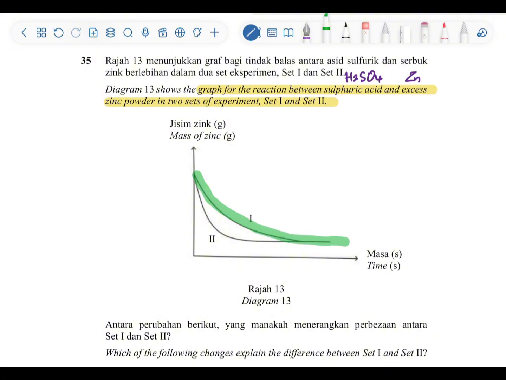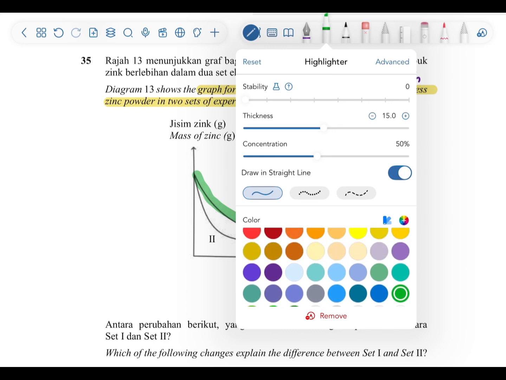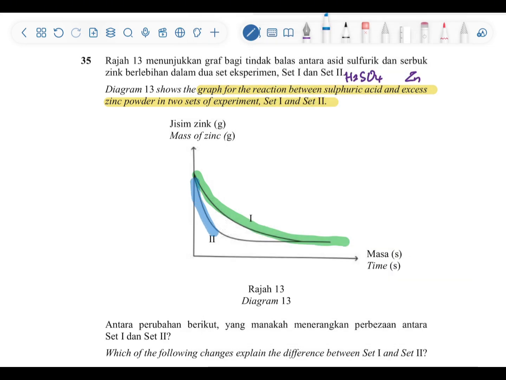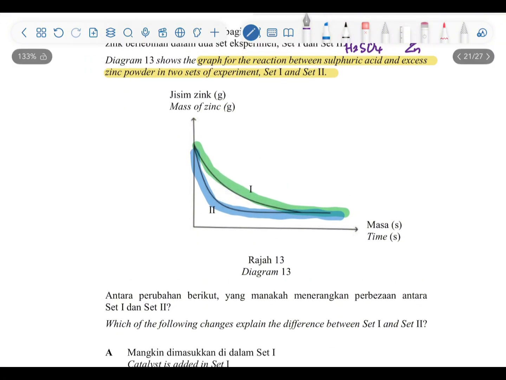The first one represents set 1, and then we have the blue color for set 2. By comparing the rate of reaction between 1 and 2, set 2 actually has a higher rate of reaction than set 1.